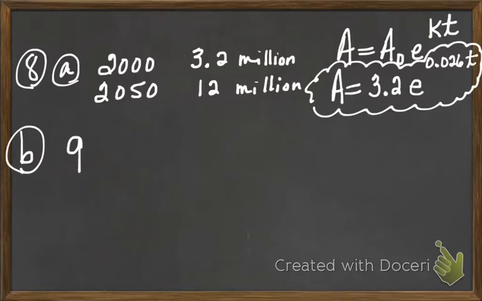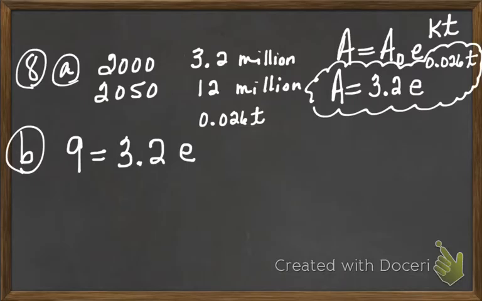Into the A. That's the ending amount. We know that the beginning amount stays at 3.2. E stays in the problem. We know K is 0.026 because we found it. And then the only variable that we do not know is T. So we're going to solve for T.